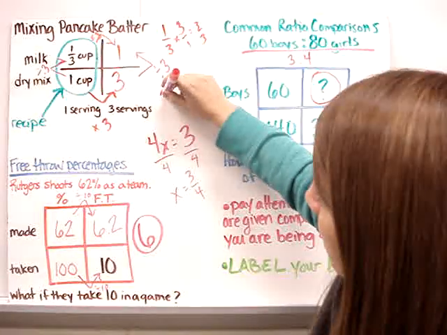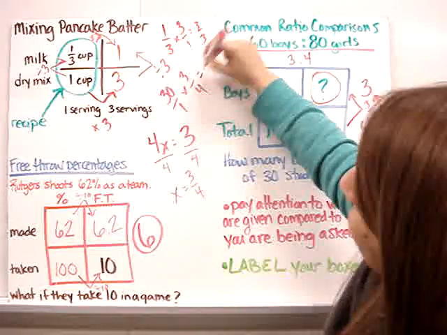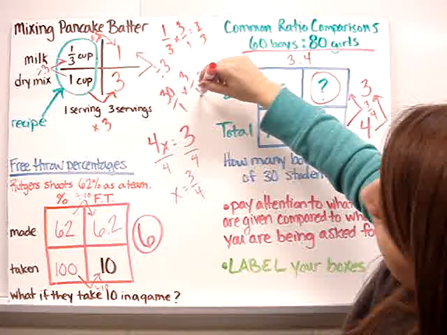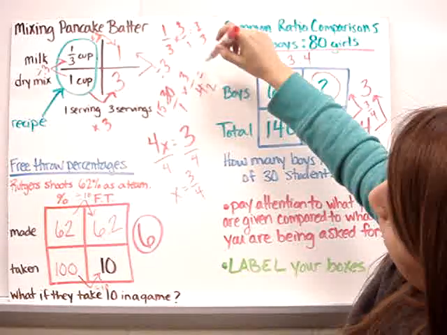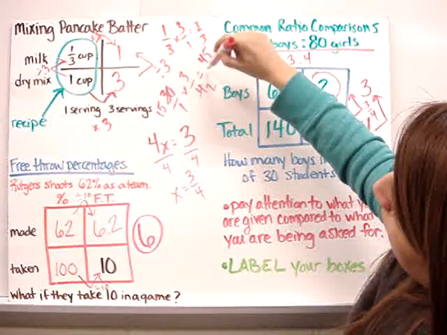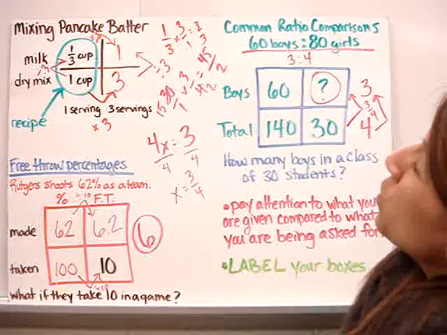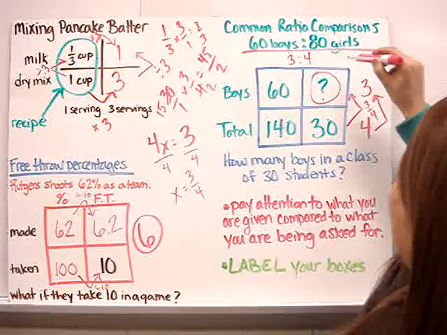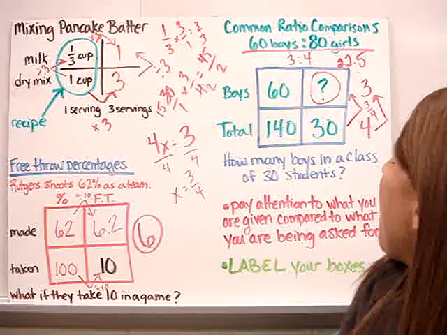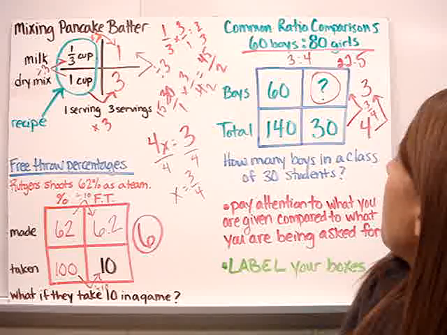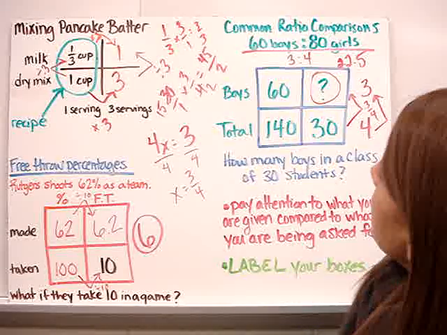So I'm going to do that right here. 30 over 1 times 3/4 is, well, I can simplify here, 2 and 15. 15 times 3 is 45 over 2. 45 divided by 2 is 22 and a half. 22 and a half. Does that make sense?